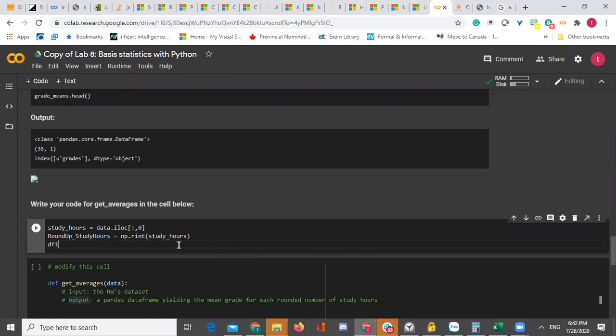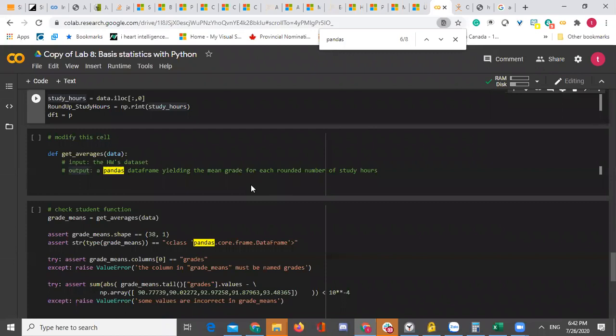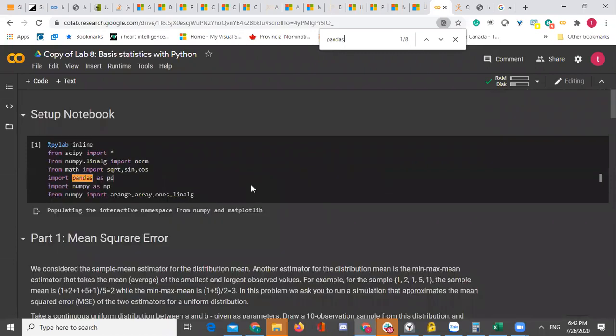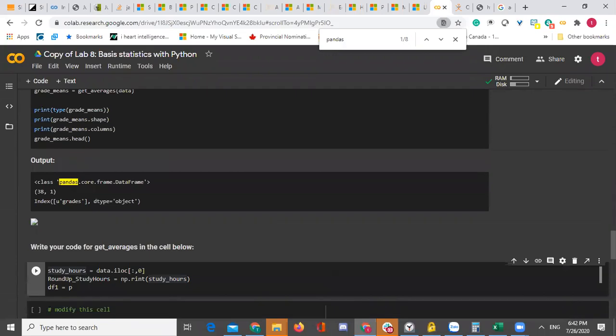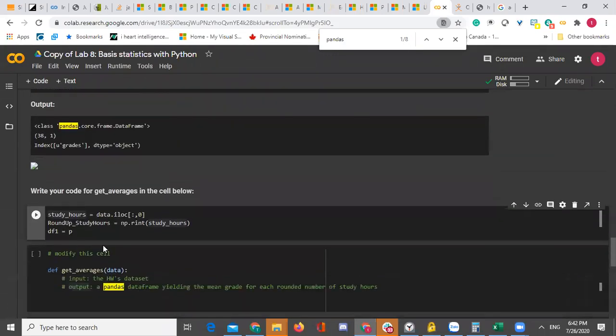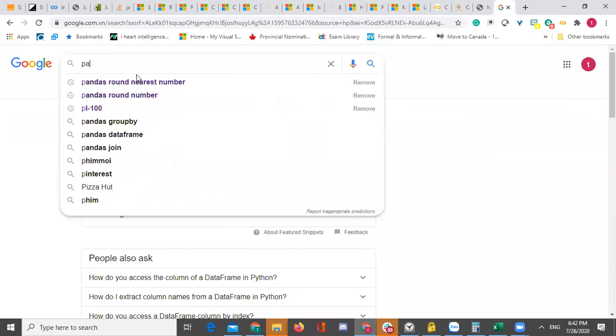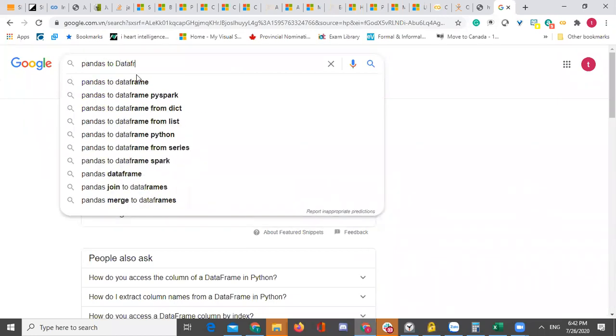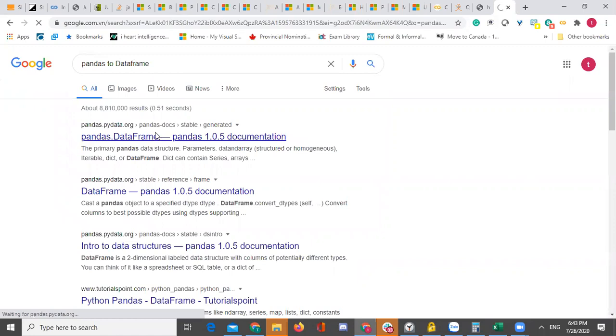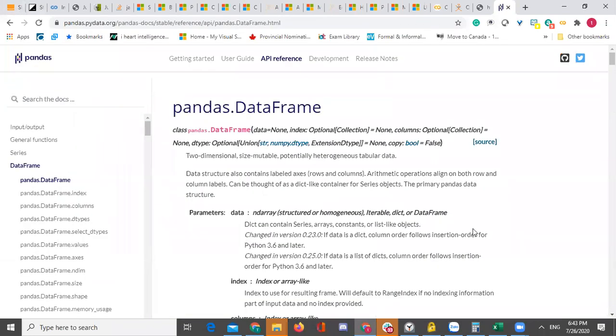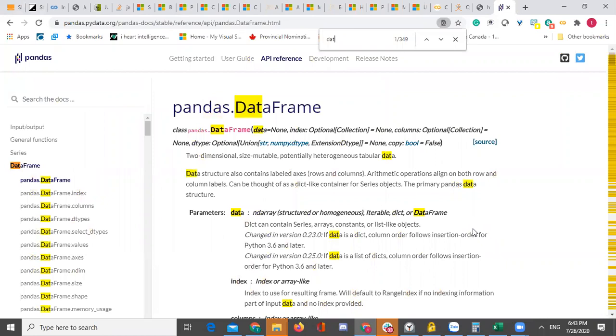So data frame 1 is equal to pd. Oh, I didn't import pandas. Okay, I have pandas already. So pd.DataFrame. Is it DataFrame? The DataFrame, I think, is the syntax.